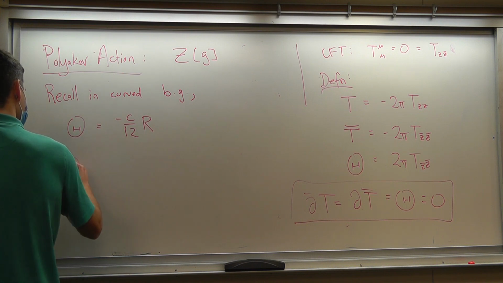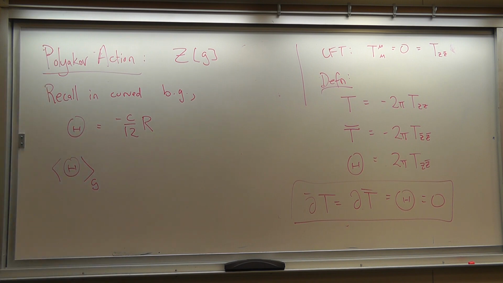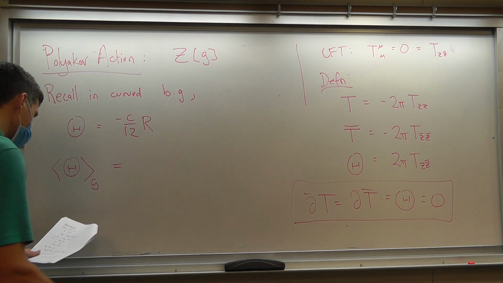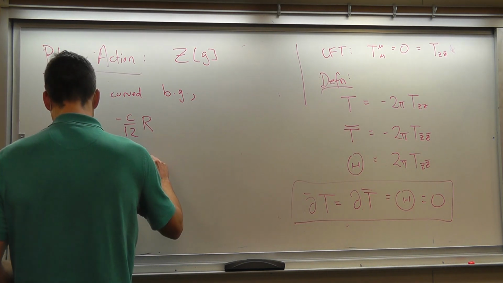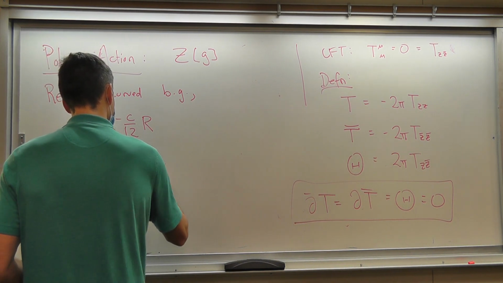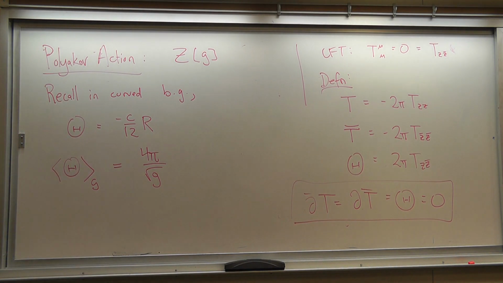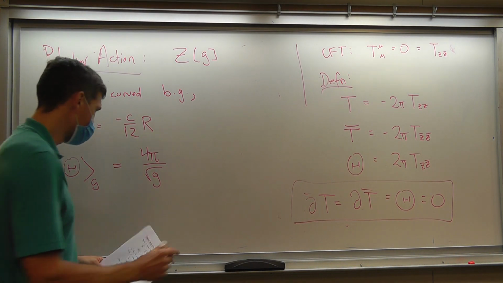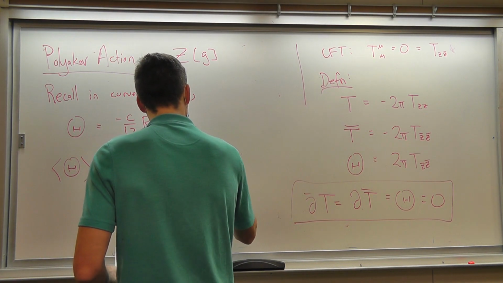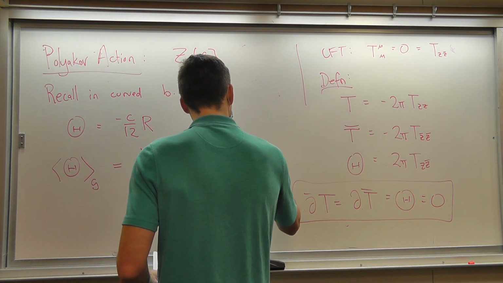If we take the expectation value of this in the metric g, then this is, by the definition of the stress tensor, 4 pi over root g, g mu nu delta over delta g mu nu of log Z of g.